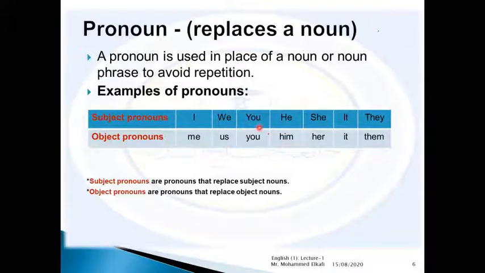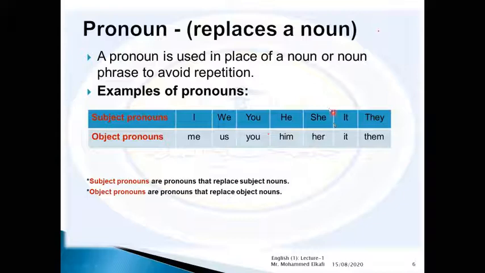You is the same spelling, but capital because it comes at the beginning. As an object pronoun, we use this form after the verb. He, before a verb as subject; him, after the verb as object pronoun.